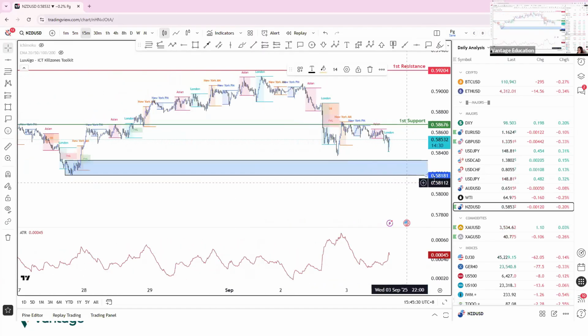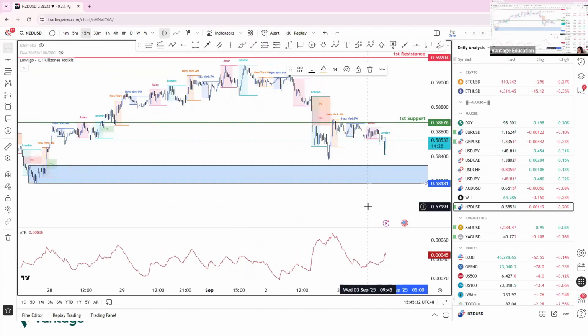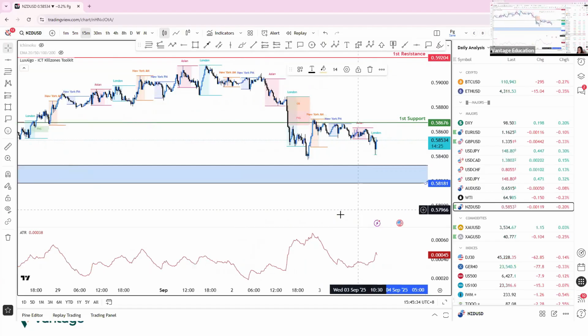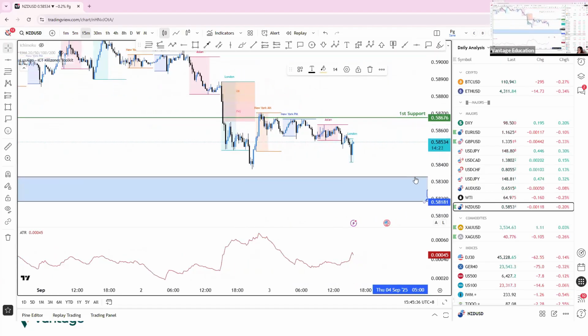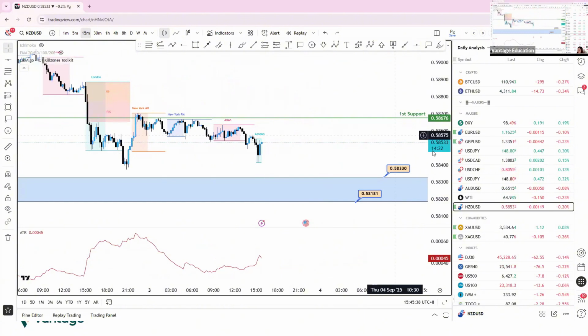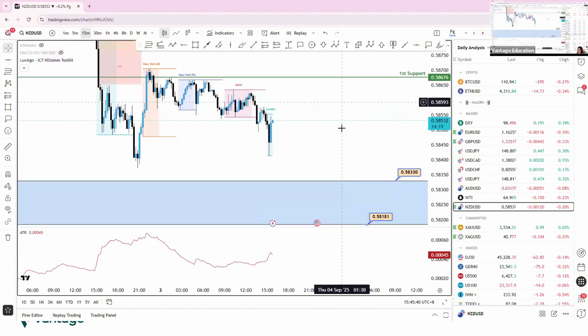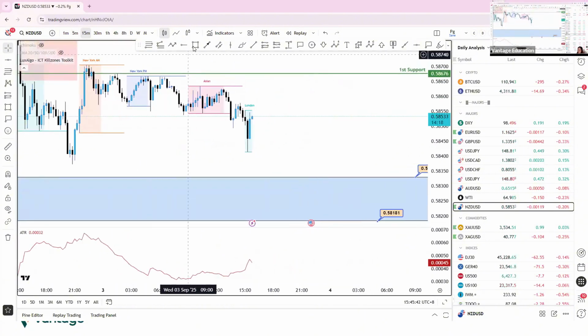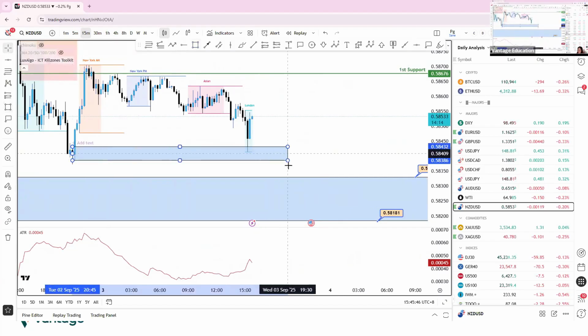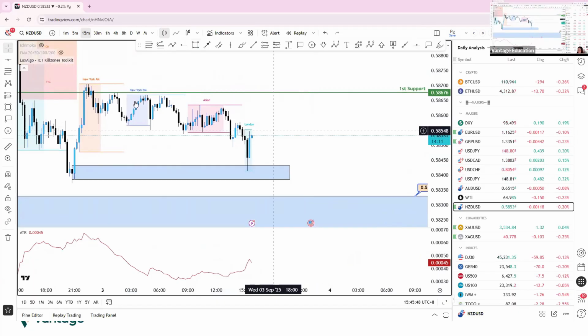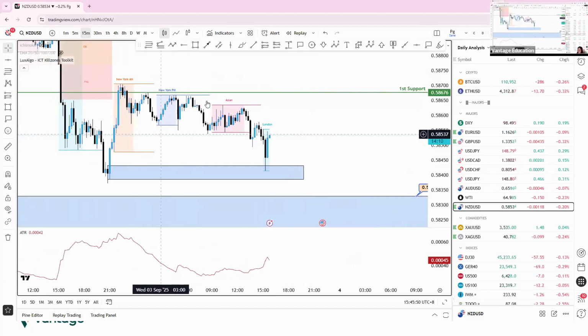Okay, you will see that I would think that in these zones, either this zone in the London session in M15, price respects this OB, right? You can say it respects the OB.